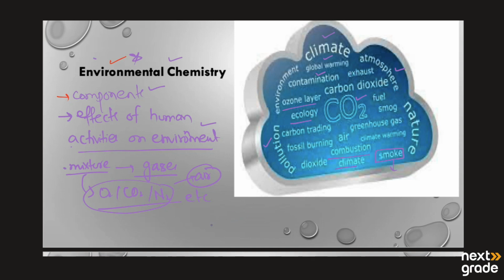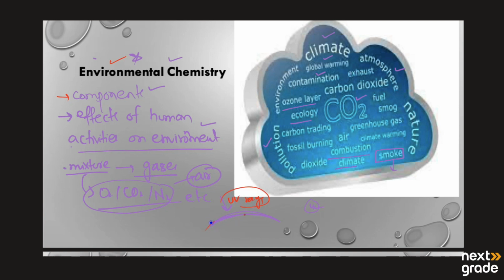Basically, above the surface of our earth, we have four layers of atmosphere. In the second layer there is an ozone layer that protects us from the UV rays.